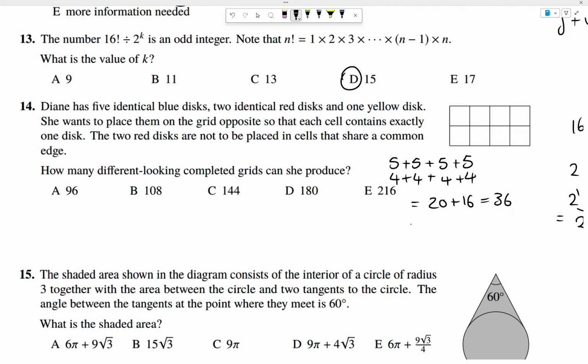And then the last step would be to divide by 2, because I've overcounted by exactly a factor of 2. So that gives us 18, the number of ways that the red discs can be placed. And now there are 5 blue discs and 1 yellow disc left over.